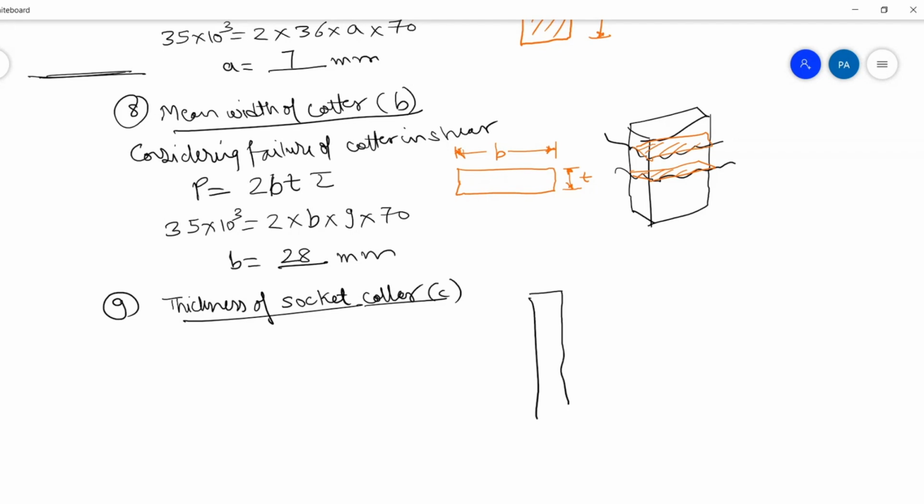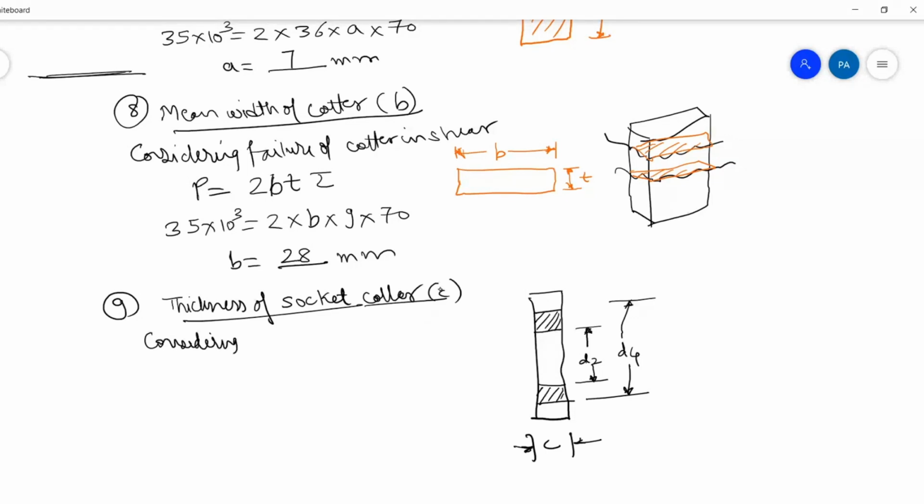So this socket collar fails in shear, and it fails here and here. This is C. This is D2. This is D4.